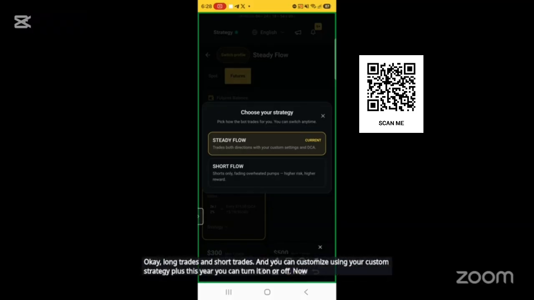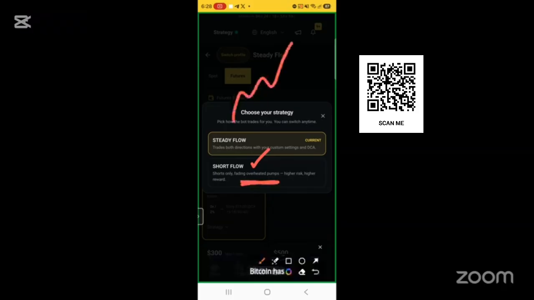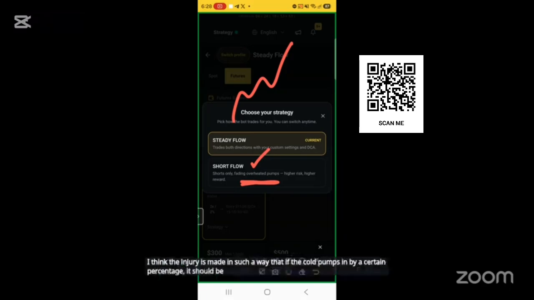Now, when we come here to short flow, it says short only, trading overheated pumps. I think here they mean a coin has pumped by a certain percentage. I think the engine is made in such a way that if a coin pumps by a certain percentage, it should be monitored to see whether a short can be taken on that coin.